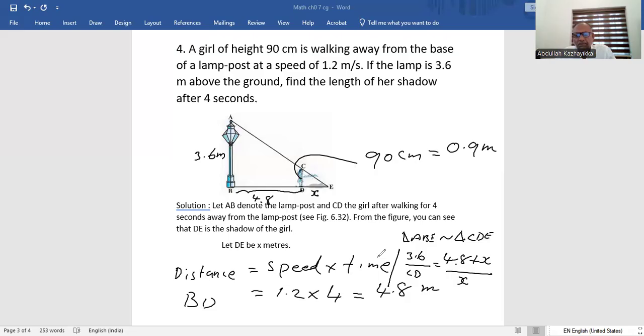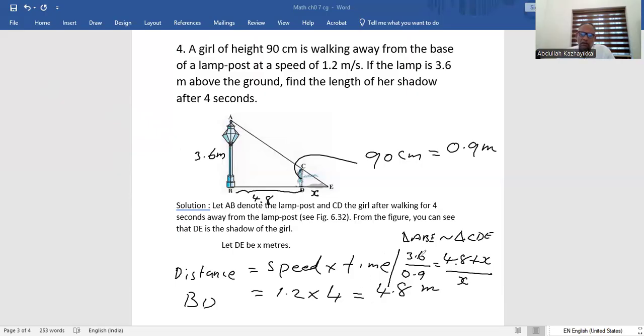But why CD? CD is given, we cannot find without that. CD is equal to 0.9. Now we got the answer, we can find it.